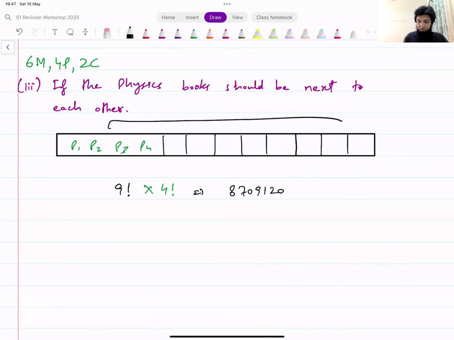We've got 9 boxes in total, 8 remaining boxes, and this big box. That becomes 9 factorial. But then in how many ways can you arrange these physics books? You can arrange these physics books in 4 factorial ways. You multiply them, basic counting principle. The total number of ways is going to be their product, and that gives us this.